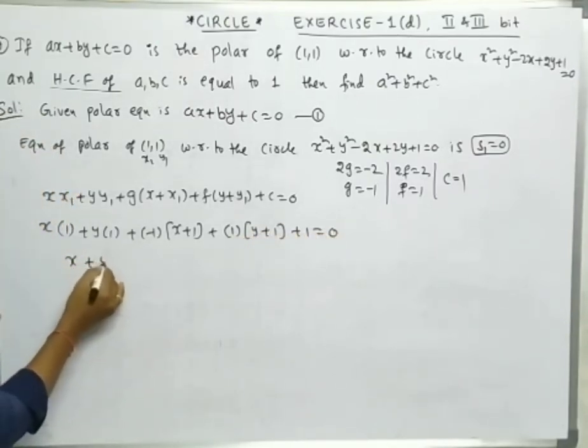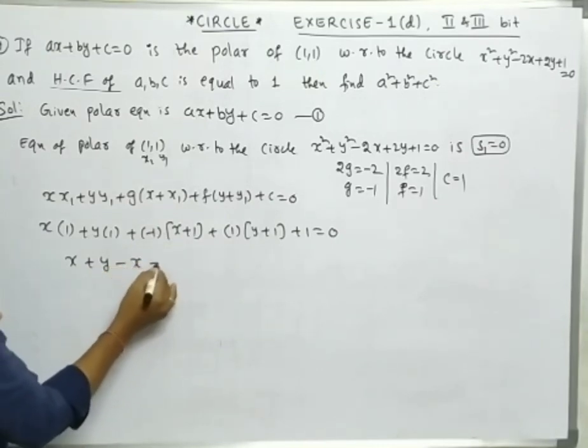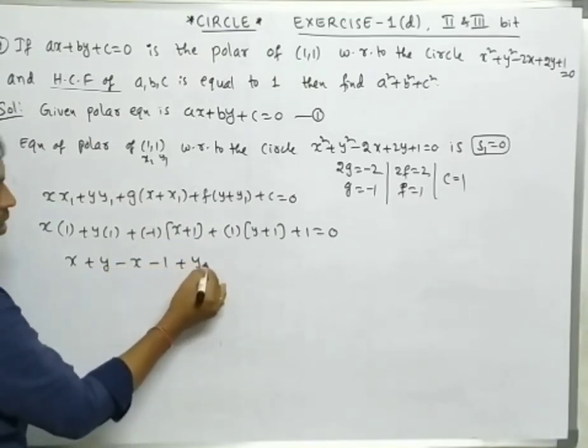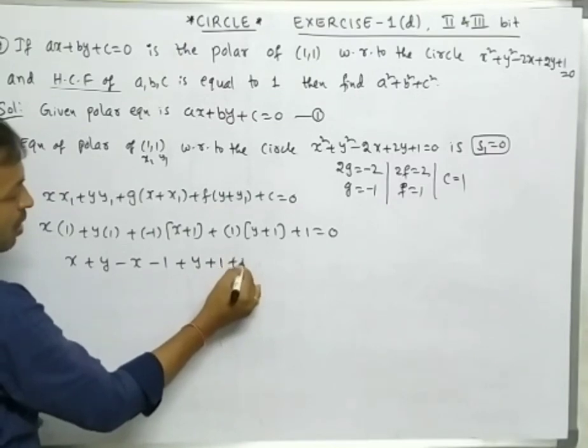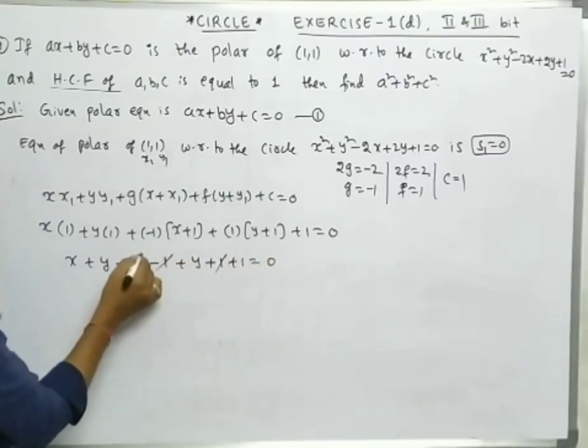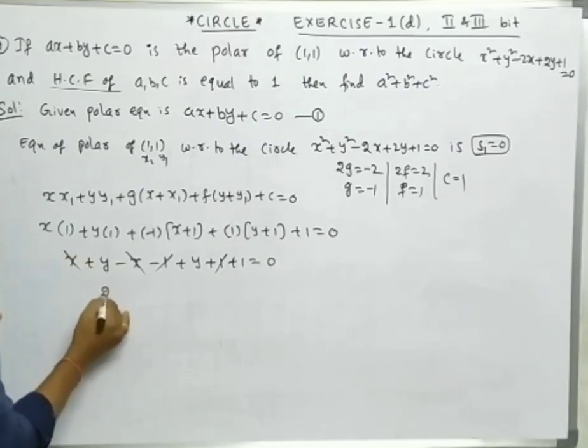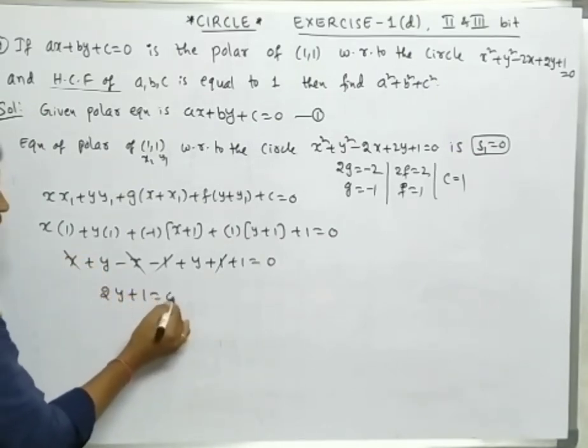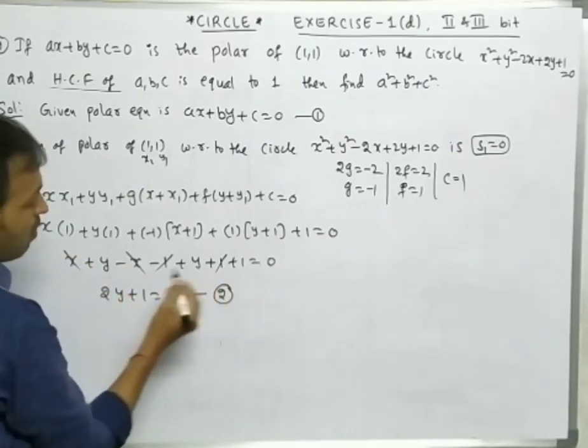So x plus y minus x minus 1 plus y plus 1 is equal to 0. So 1 gets cancelled, x gets cancelled, so 2y plus 1 is equal to 0. This is equation number 1.